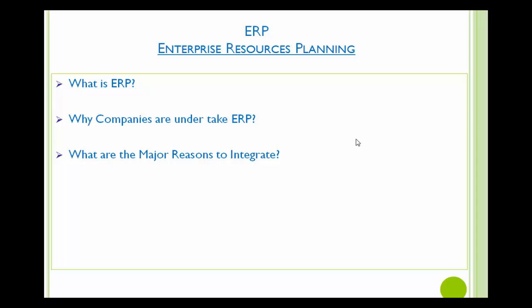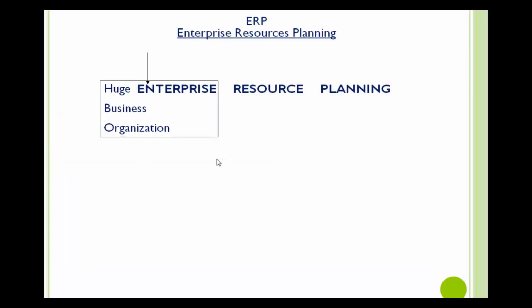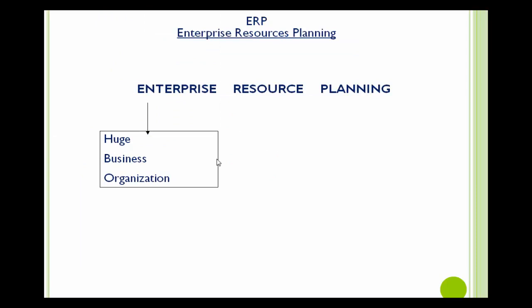Right. Now, the SAP ERP product. We definitely have to know what exactly ERP is. ERP stands for Enterprise Resource Planning. We'll discuss what ERP is, why companies undertake ERP products, and the major reasons to integrate ERP products in a company.